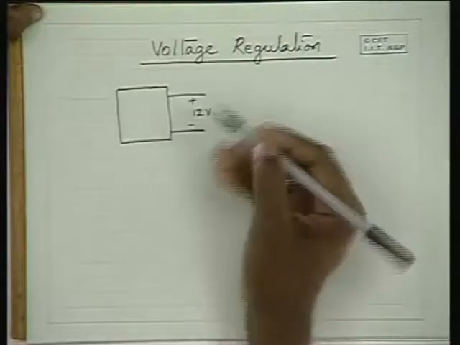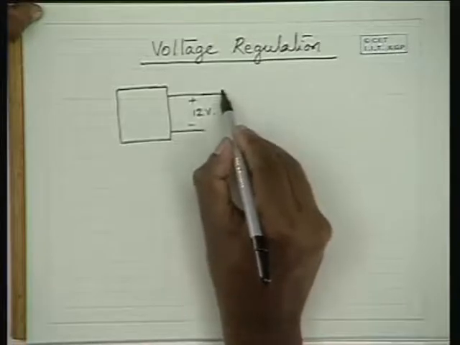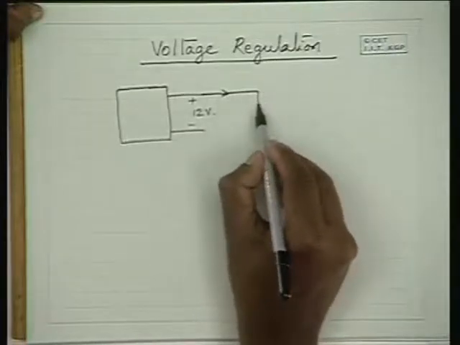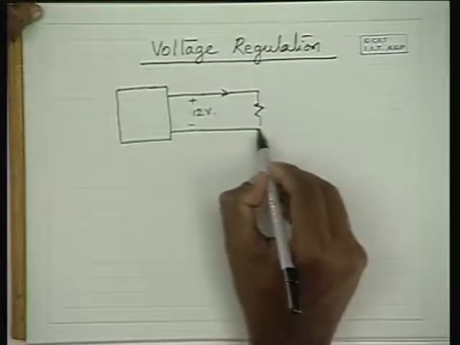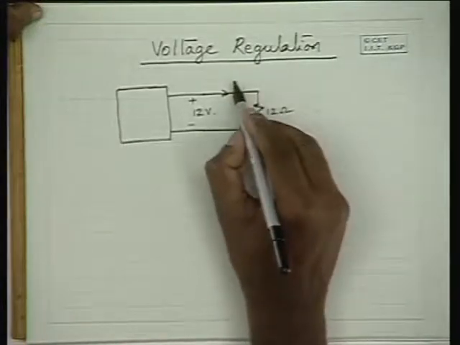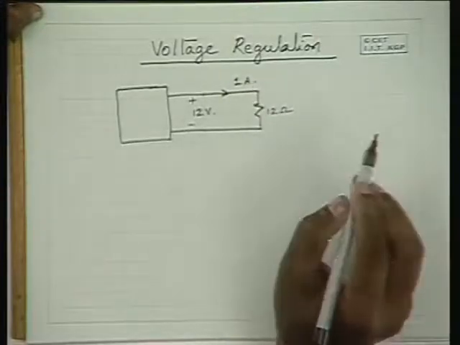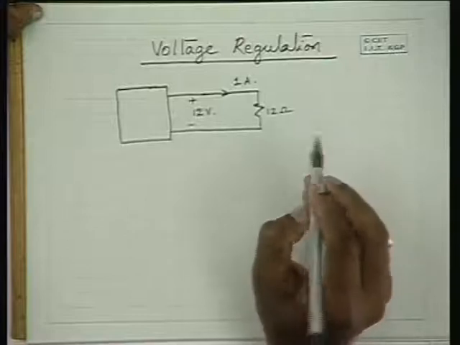I am choosing 12 as an arbitrary number. Now, from this 12-volt supply, if you connect a load resistance of 12 ohms, it draws approximately 1 ampere of current if it is an ideal supply.